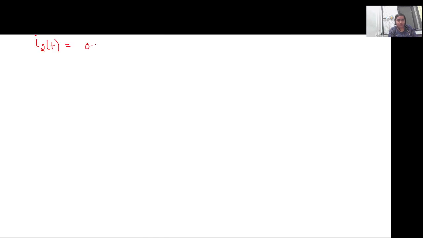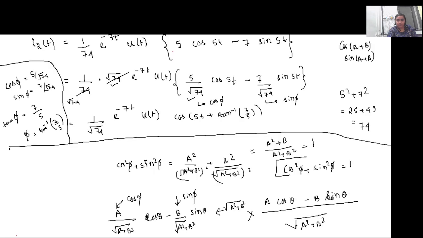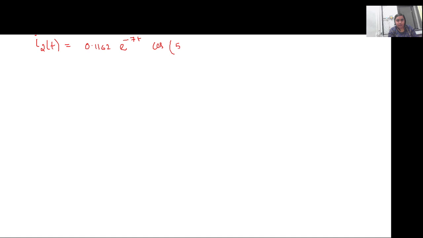So it is 0.1162 e to the power minus 7t cos of 5t plus, we need to find tan inverse of 7 by 5.